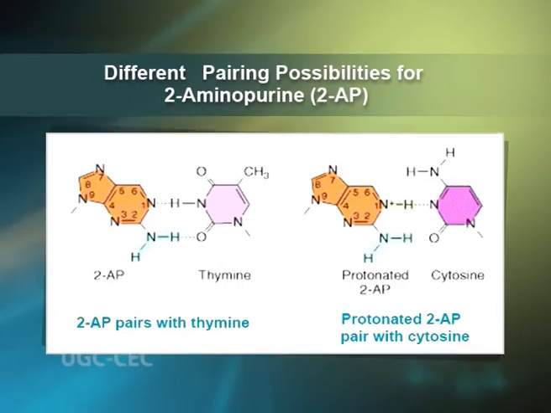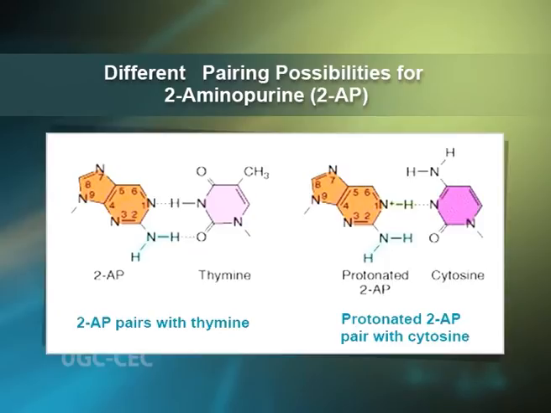2-aminopurine is another base analog widely used in research. It can pair with thymine, but when protonated can also mispair with cytosine, as seen in the figure. Therefore, when 2-aminopurine is incorporated into DNA by pairing with thymine, it can generate AT to GC transitions by mispairing with cytosine in subsequent replications.